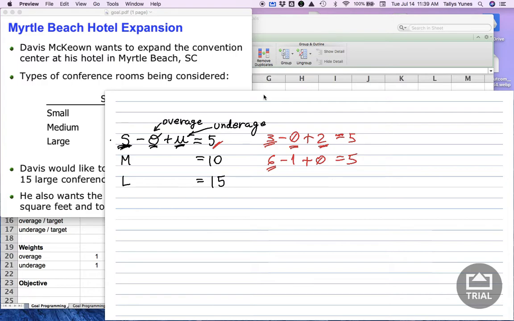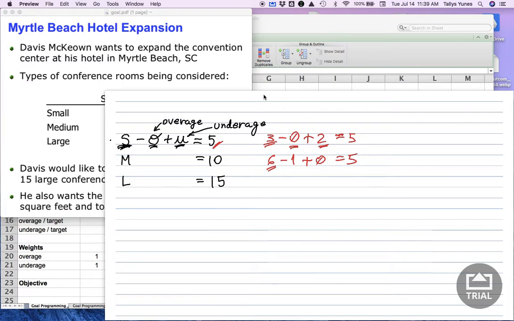If so, both overage and underage are equal to 0. If the actual result was different from the target, the overage and underage will capture the distance. How far are you from where you're supposed to be? And that's the whole trick, the main concept that allows you to transform any constraint from hard to soft.